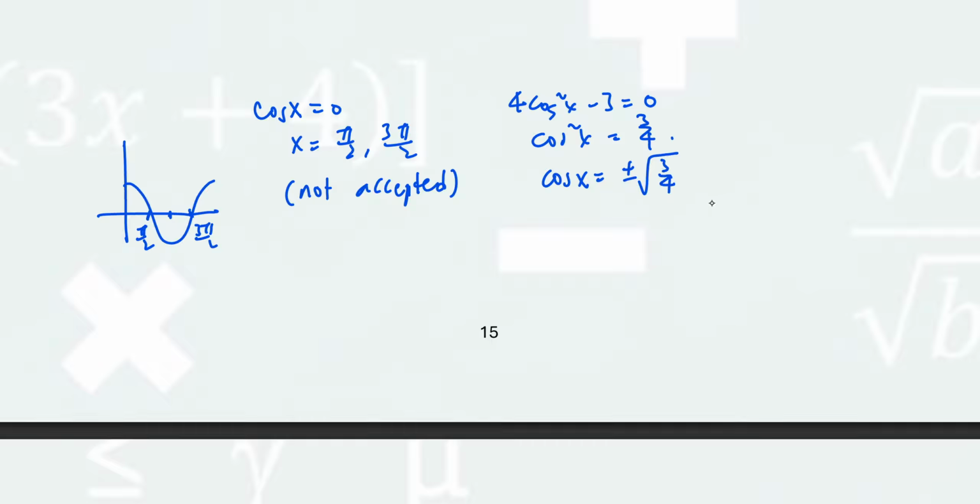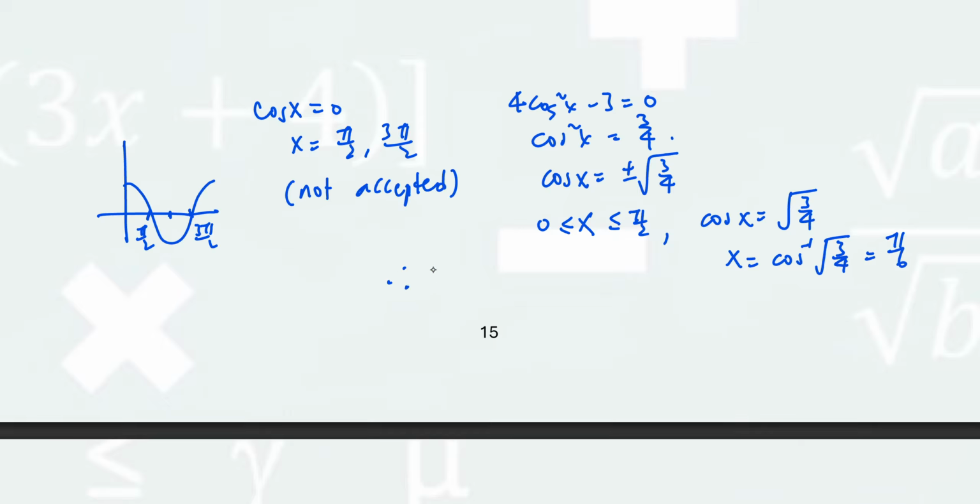So which means now your x is between 0 and half pi according to the graph. So my cos x should be positive value, because this is in first quadrant. So when it is square root of 3 over 4, basically your x is going to be at cos. This is pi over 6. So which means my x is pi over 6. This is my exact value for the m.